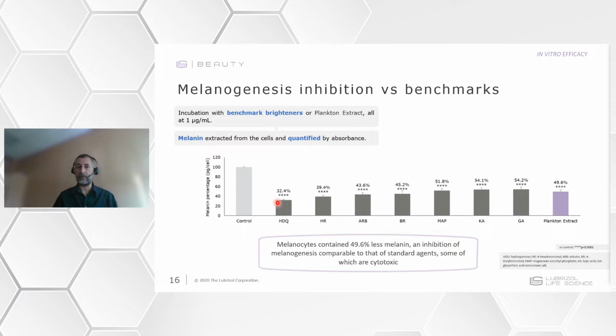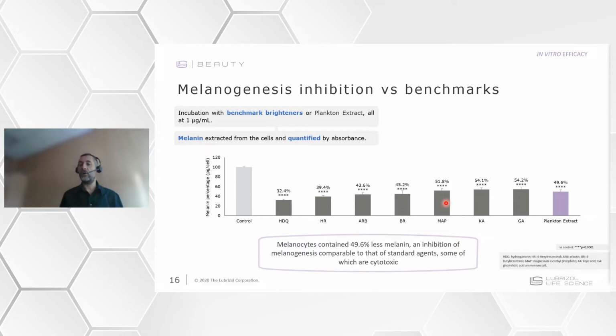And you can see, for example, hydroquinone here that reduces the concentration by 32.4. And here you can see the plankton extract that is in line with some of the more used whitening or brightening standard agents, like, for example, kojic acid, magnesium ascorbyl phosphate, etc.